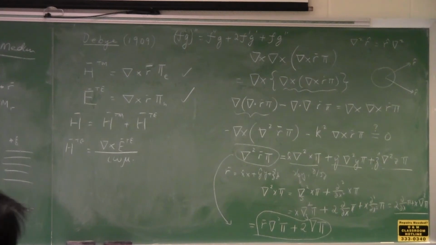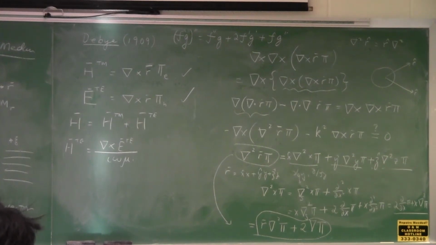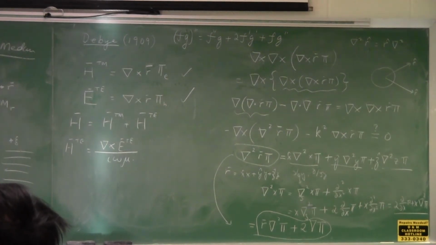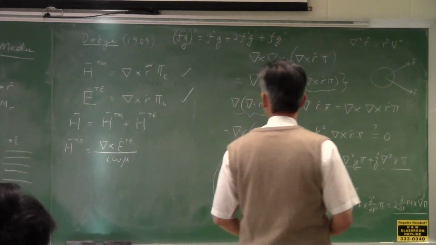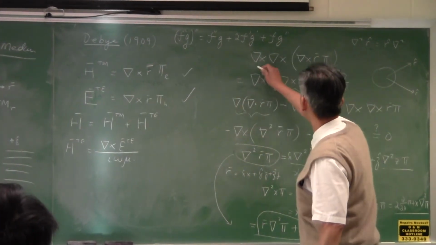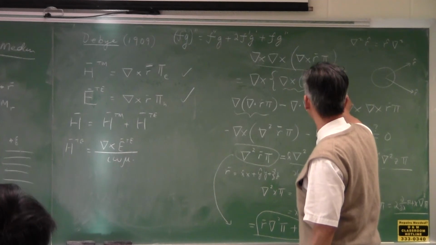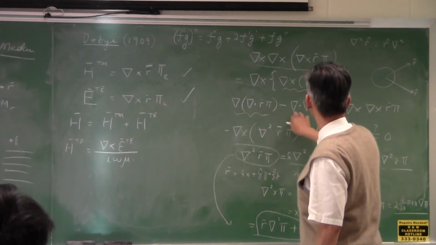Because I think for the Leibniz rule and this line, there should be another term: minus R curl Laplacian pi, minus R multiplying k squared curl pi. So let's see, did I miss any term? I started out with the vector wave equation, saying that this is equal to that, and that is equal to that.